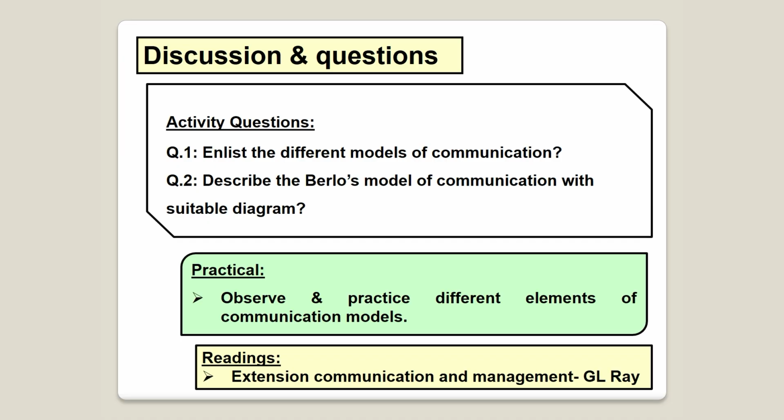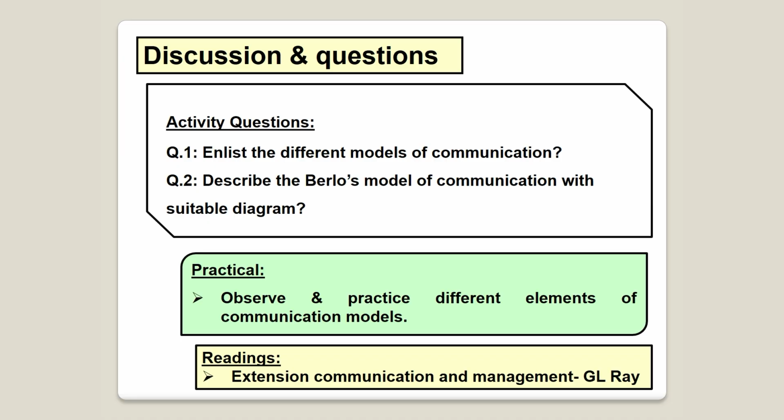The question number 2 can also be a part of this session, where you can ask for a description of a particular model, like: describe Berlo's model of communication with a suitable diagram. You can make this diagram on your own, and you can give Berlo's SMCR model.